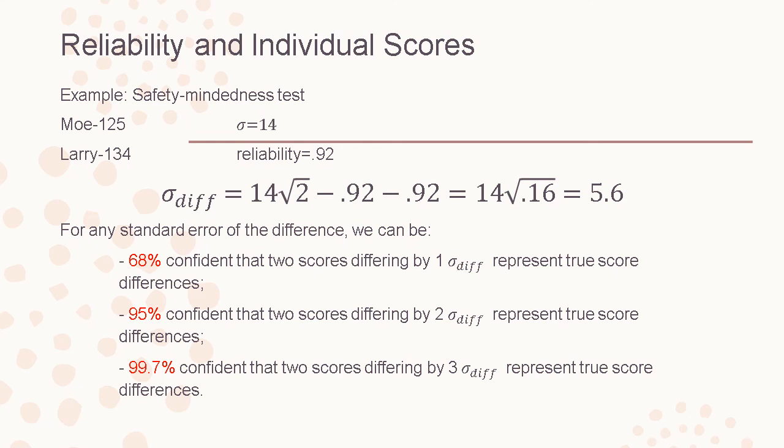For any standard error of the difference, we can be 68% confident that two scores differing by one standard deviation represent true score differences, 95% confident that two scores differing by two standard deviations represent true score differences, and 99.7% confident that two scores differing by three standard deviations represent true score differences.